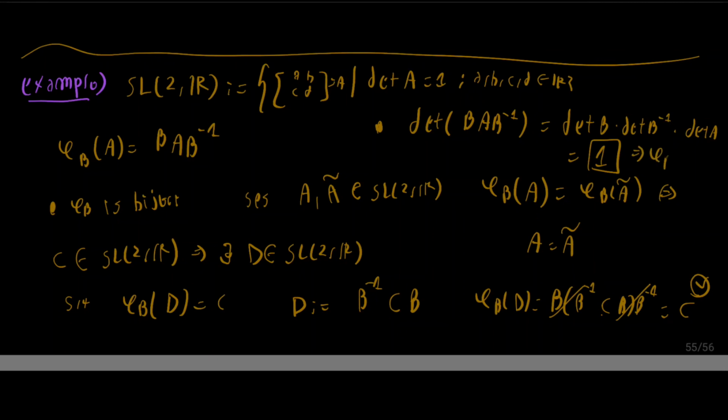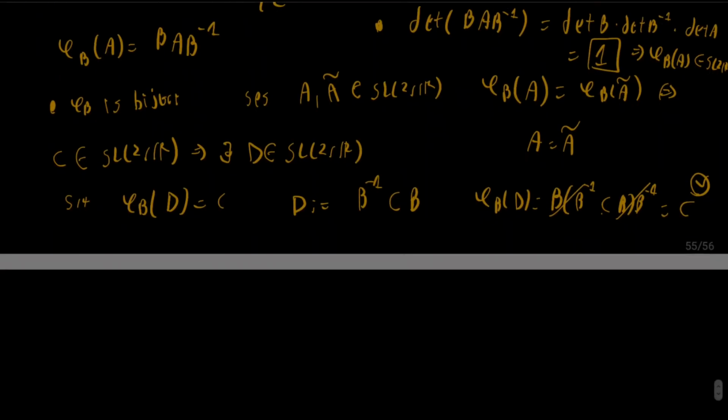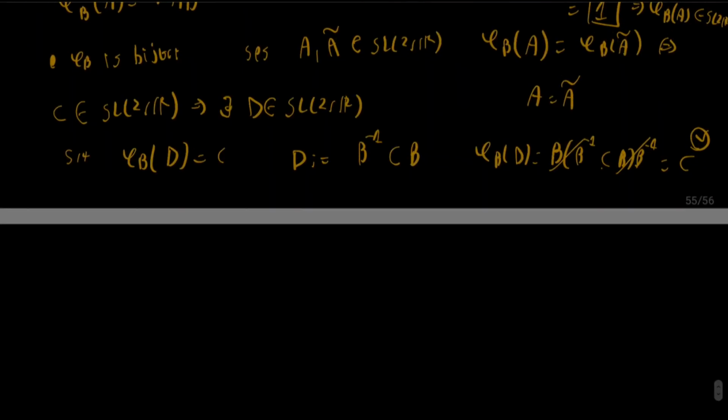And so phi of B of A is in SL2R. So we have shown that the images of elements of SL2R under this function are still inside SL2R. Not only that, but this is also a bijective function.